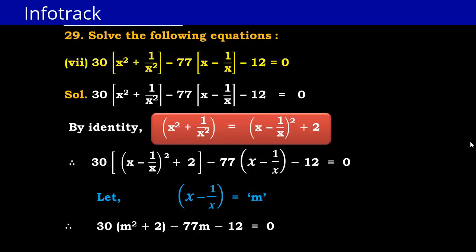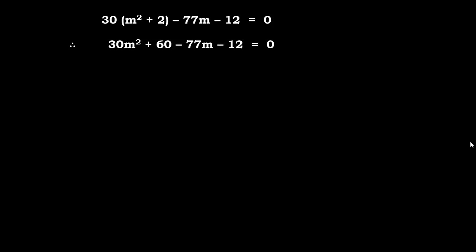Now open the bracket: 30 into m square, 30m square plus 60 minus 77m and minus 12 is equal to 0. Now we can add the constants, plus 60 minus 12. We will get 30m square minus 77m plus 48 is equal to 0.